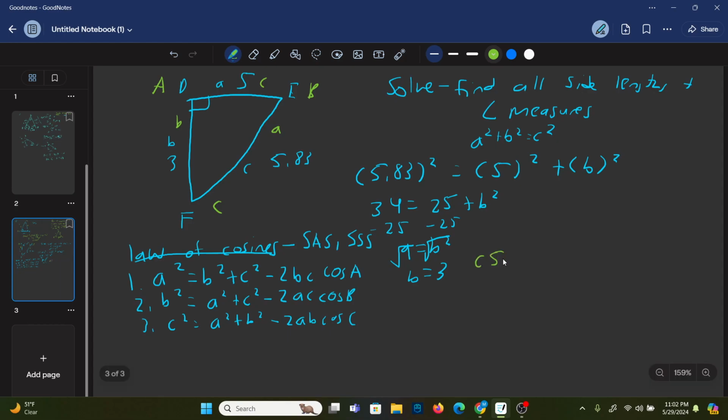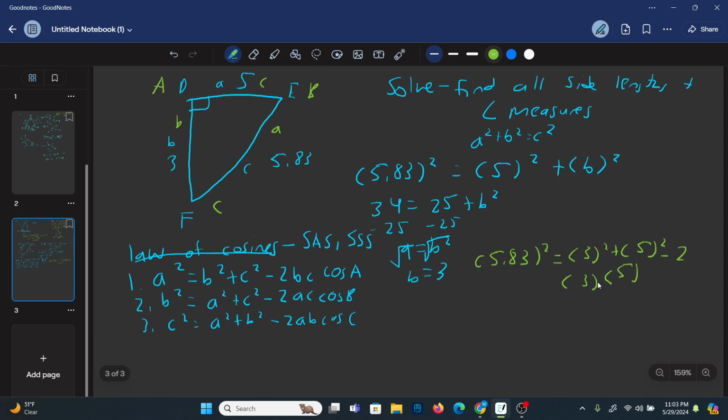So 5.83 squared equals b squared, which is 3 squared, plus c squared, which is 5 squared, minus 2 times b and c, which is 5.